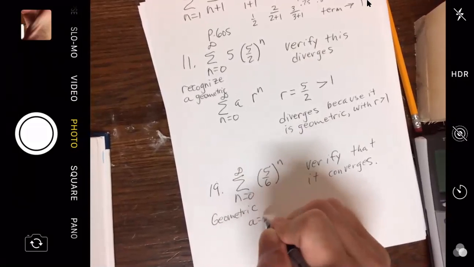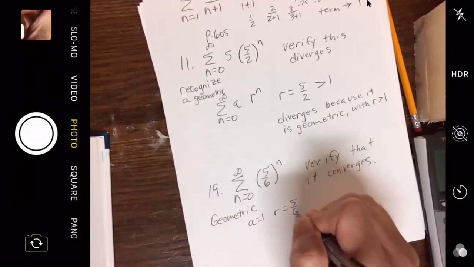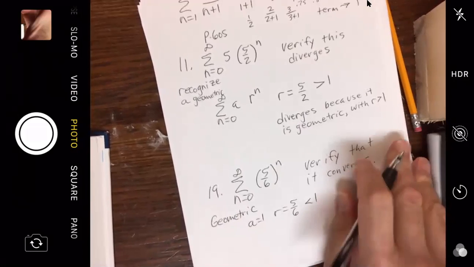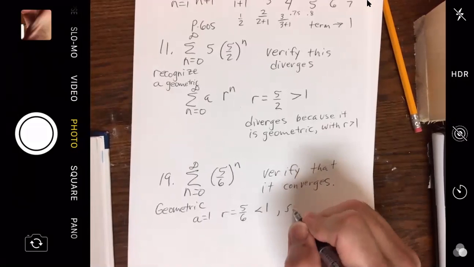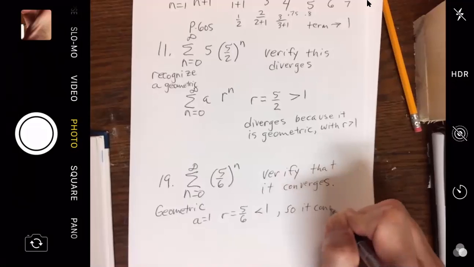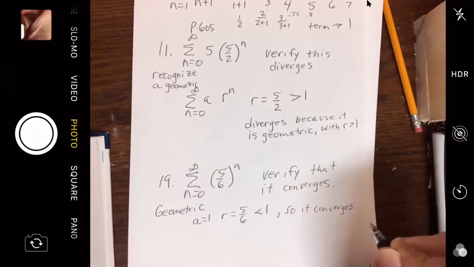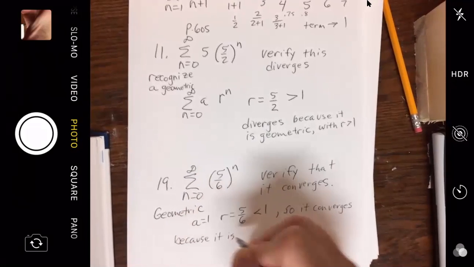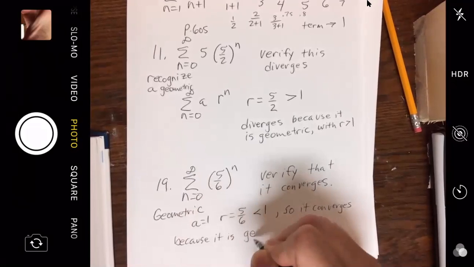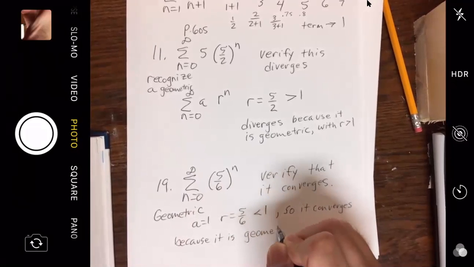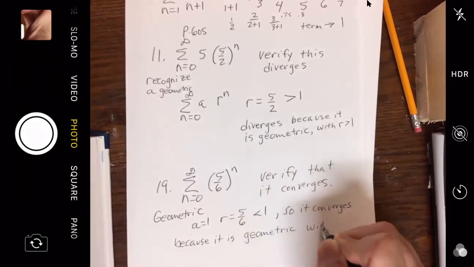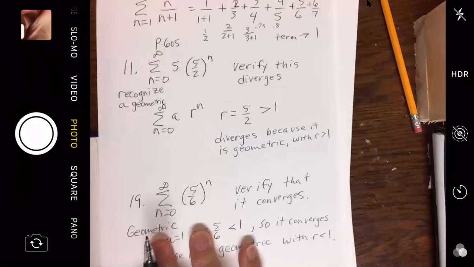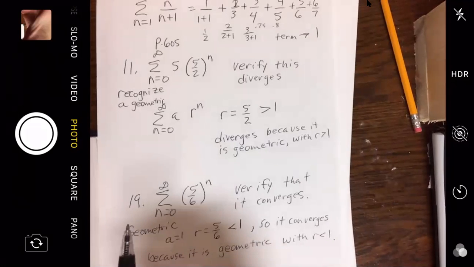Can you tell the A is 1 and the R is 5/6? That's less than 1, so it converges, because it is geometric with R less than 1. Questions about this?